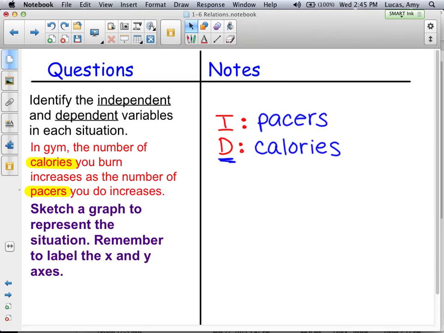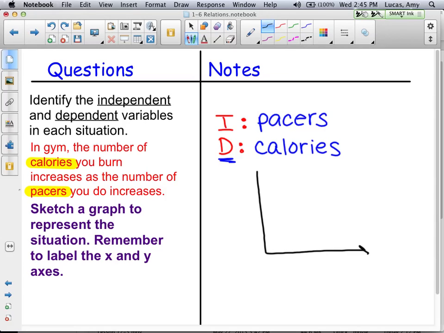Next, it says sketch a graph to represent the situation. Remember to label the x and y axes. I am just going to do a little sketch here. We just need one quadrant because you can't do a negative amount of pacers. First we are doing the pacers, so pacers goes on our x-axis, and the number of calories we burn is dependent, so it is on the y-axis.